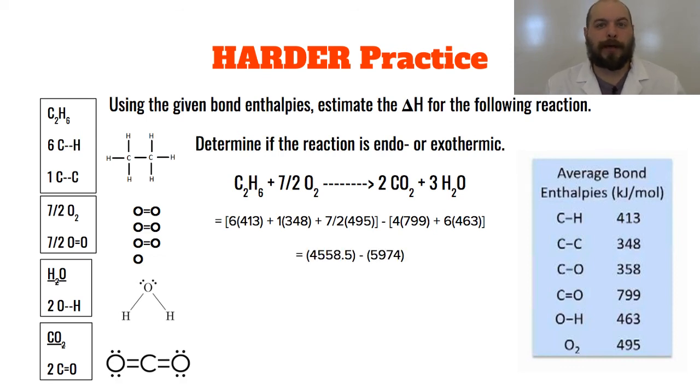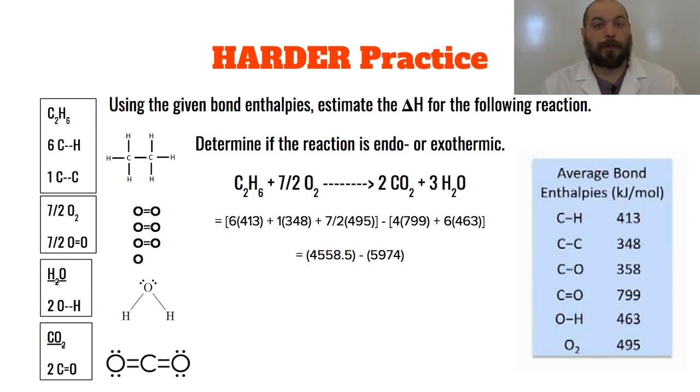So when we look at the values, the total bond energy of my reactants added together is going to be 4,558.5 kilojoules per mole. And the total bond energy of my products is going to be 5,974 kilojoules per mole.